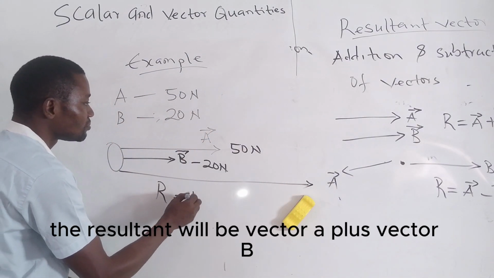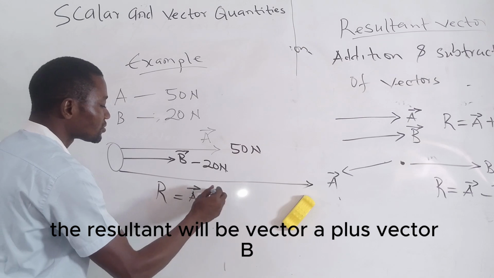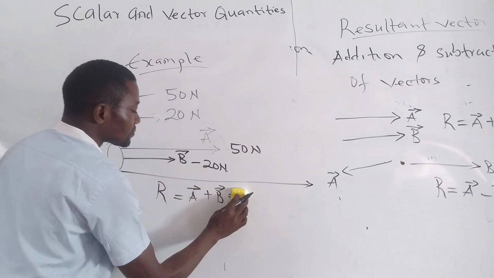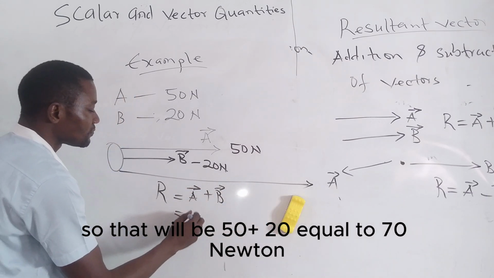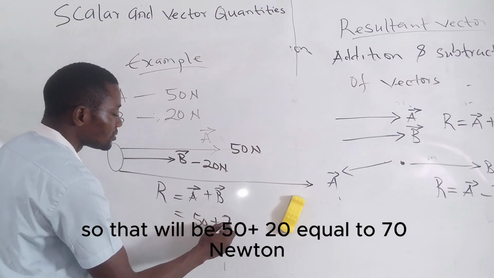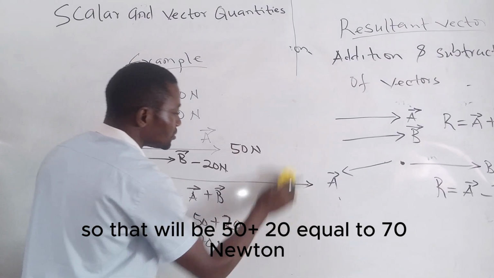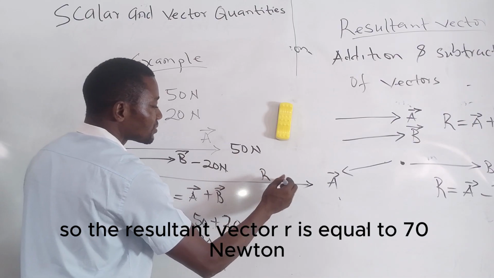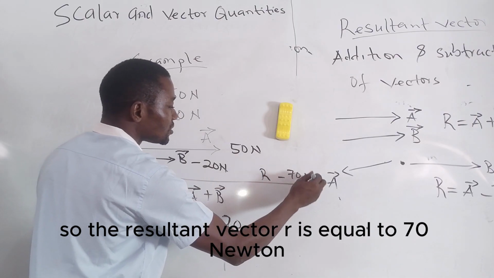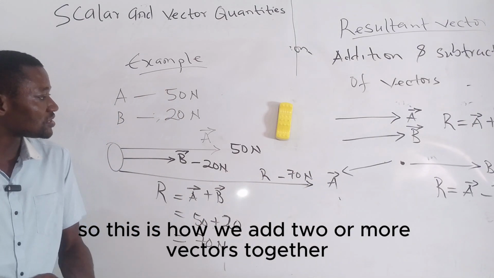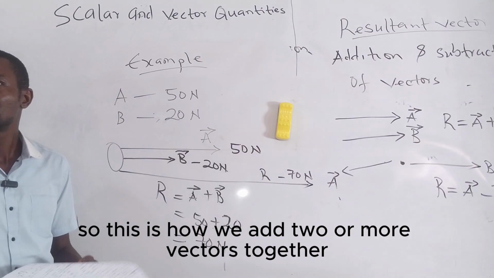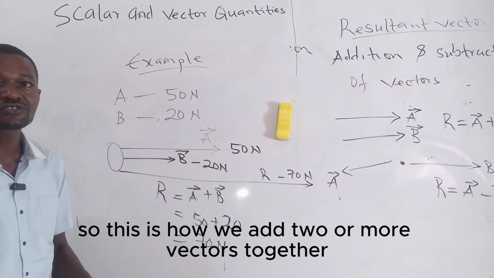The resultant will be vector A plus vector B. So that will be 50 plus 20 equal to 70 Newton. So the resultant vector R is equal to 70 Newton. This is how we add two or more vectors together.